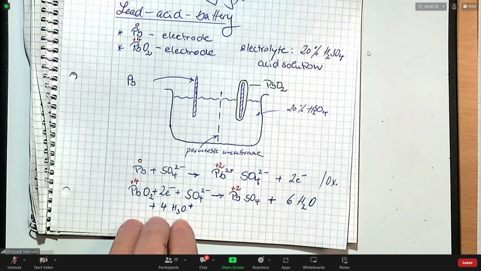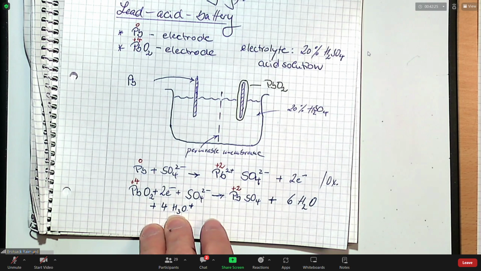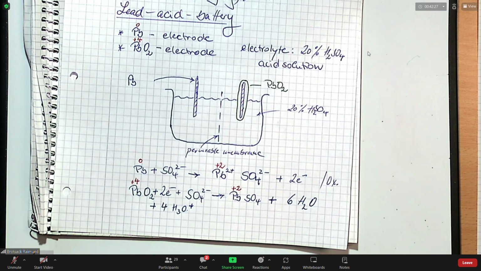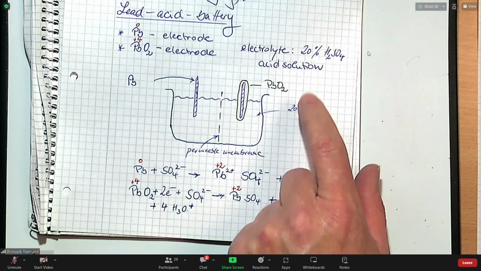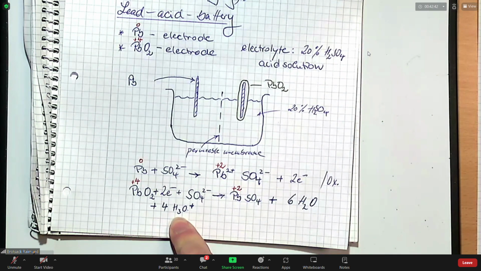In an acidic environment, the balancing of the charges has to be done by protons or H3O plus. In a basic or alkaline environment, you have OH minus. But here we don't have OH minus, here we have H3O plus, because we have a strong acid delivering a lot of H3O plus.